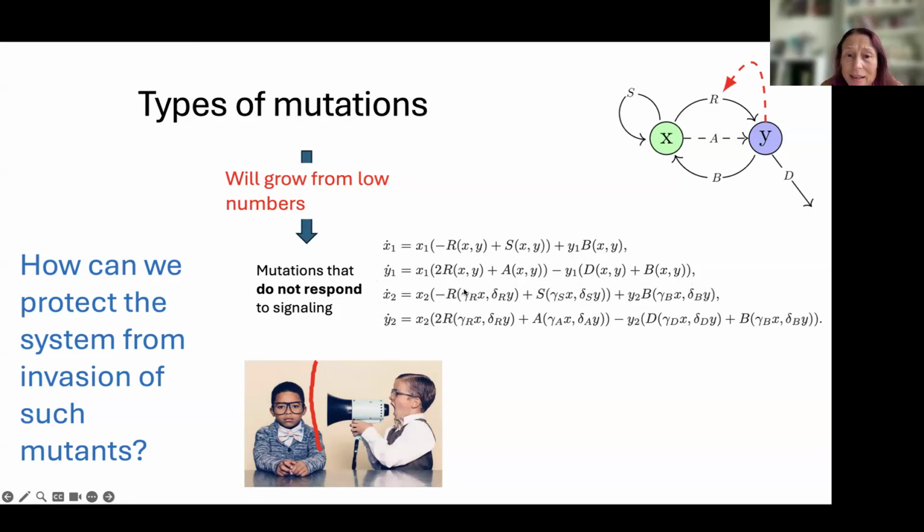There's a factor here. Think of this as a number. And let's suppose that this is 0, like this is 0 and this is 0. What does it say? It means that for the mutant cells, the rate of differentiation is a constant. It doesn't depend on what other cells are telling them to do, right? So in the most extreme case, all these constants are 0, and mutant cells just don't care.